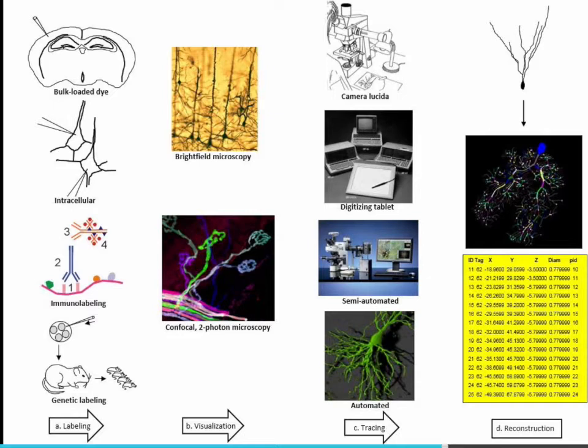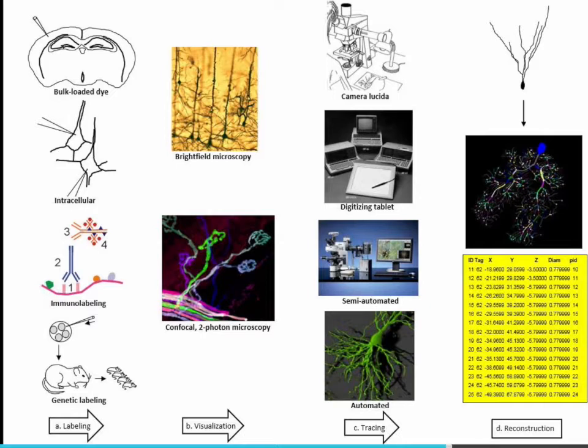And in terms of labeling, there are many, many possibilities. Bulk loading, which includes the very, very famous Golgi staining, and now there are other bulk loading techniques that work even better than Golgi. Intracellular, that was very popular for about 20 years and continues to be used in quite a few different labs.